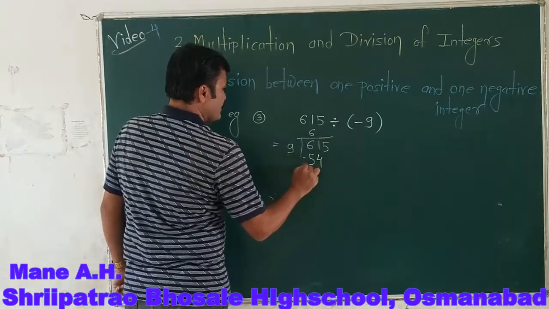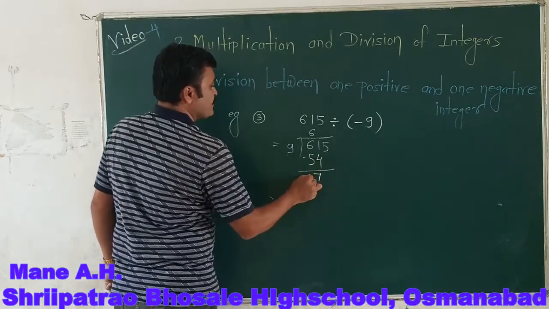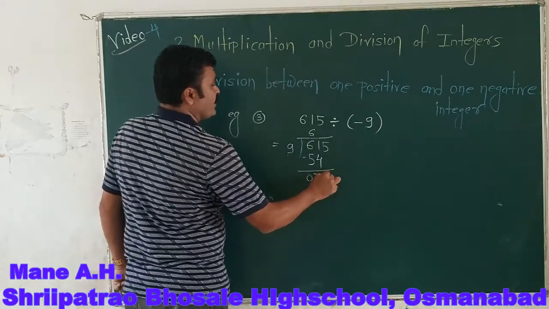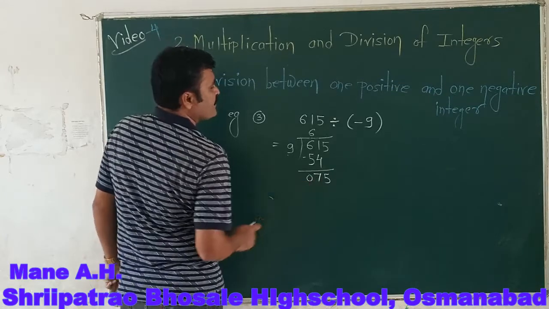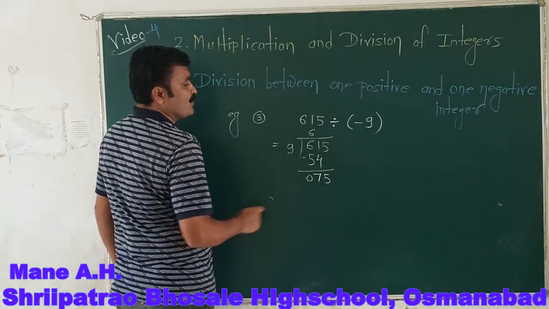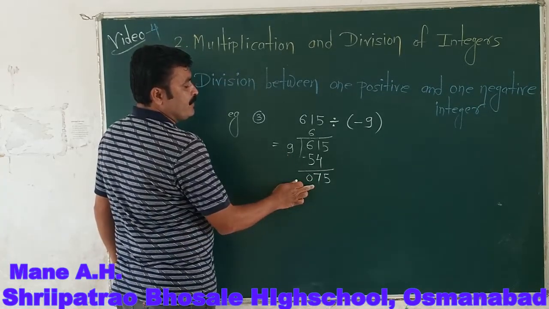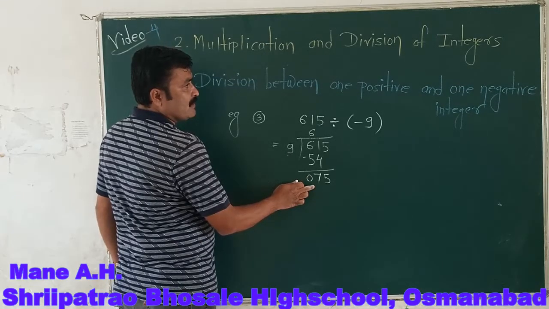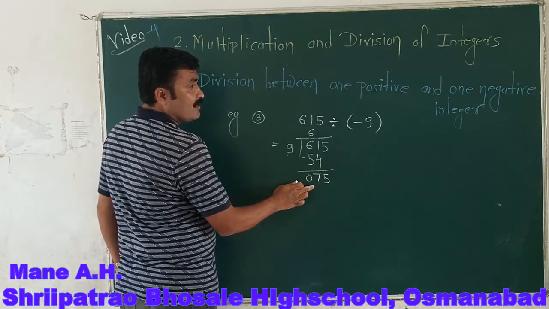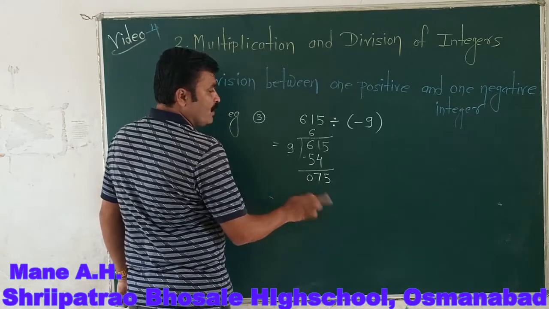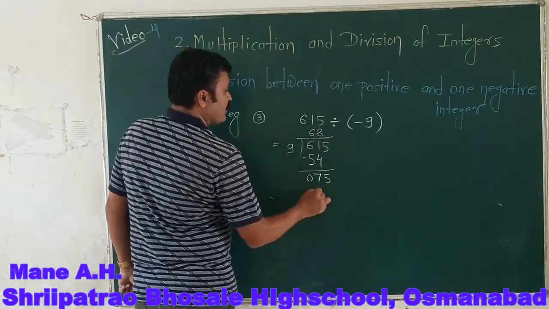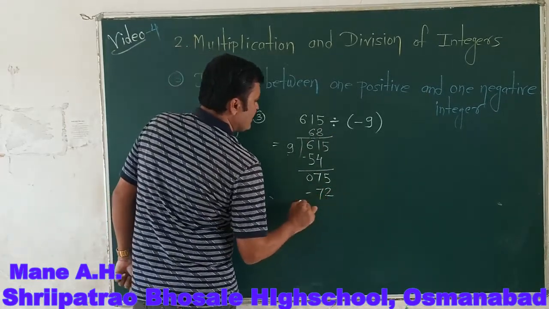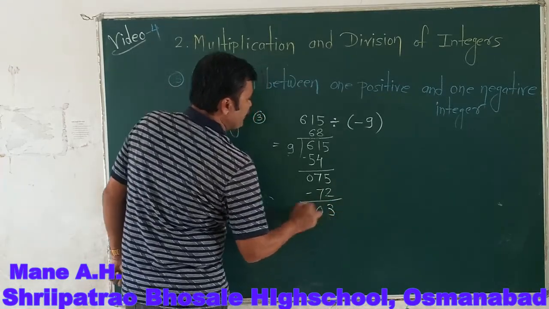So 61 minus 54 remaining 7. Now 5 takes below, that makes here 75. So 9 8s are 72, 9 9s are 81. 81 not possible, we take 8s. So 75 minus 72, that remaining 3.